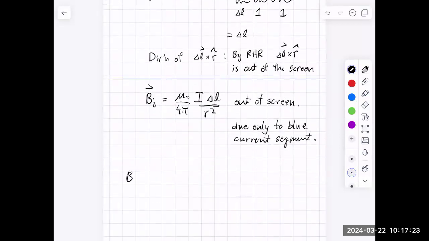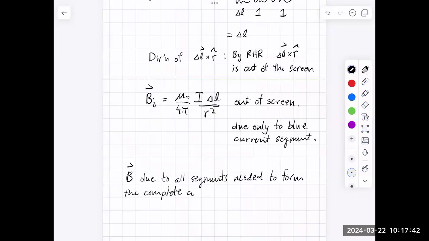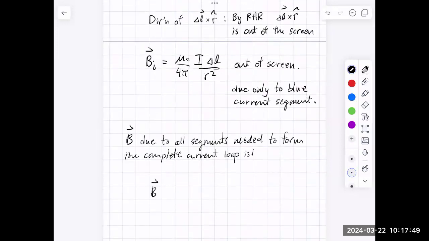So B due to all segments needed to form the complete current loop is, okay, so B is going to be equal to the sum of all of these little current segments B i.